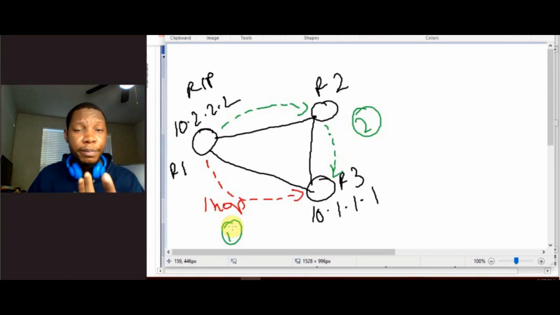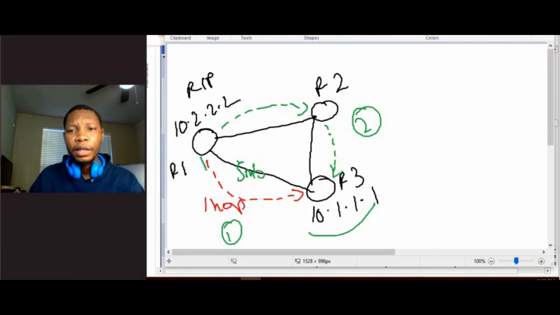Now, the problem with RIP was that, yes, the hop system makes sense, because router 1 will go directly to router 3 to reach this network, versus going 2 hops away through router 2. But what if the link between router 1 and router 3 was 5 meg in bandwidth? And what if the link between router 1 and router 2 was 1 gigabit, and the link between router 2 and router 3 was maybe 10 gig?